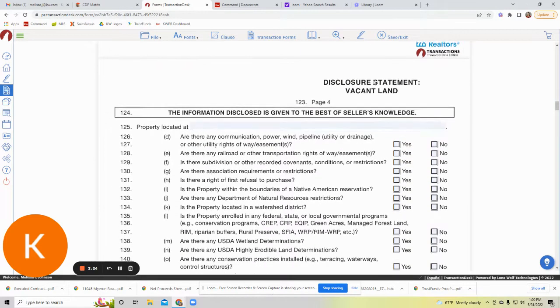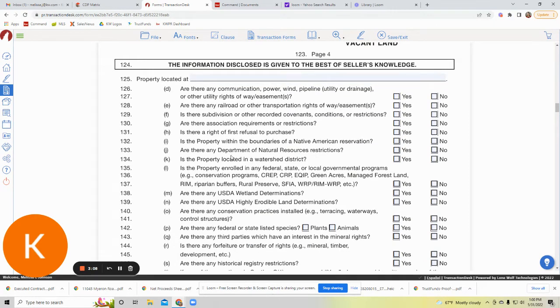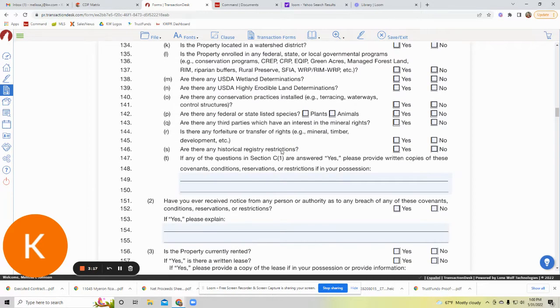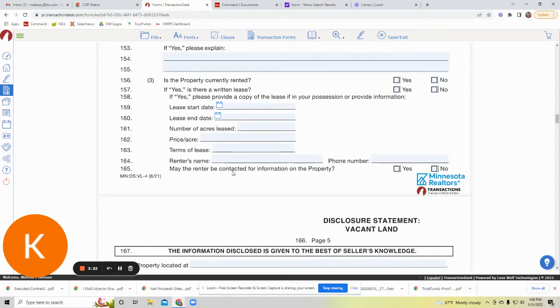And then going on further, it lists quite a few of these special conditions. Are there any Department of Natural Resource restrictions, for example? Are there any wetland determinations, or is this on the historical register, this property, for example? You'll also want to be very clear and concise in filling out, is this property currently rented?